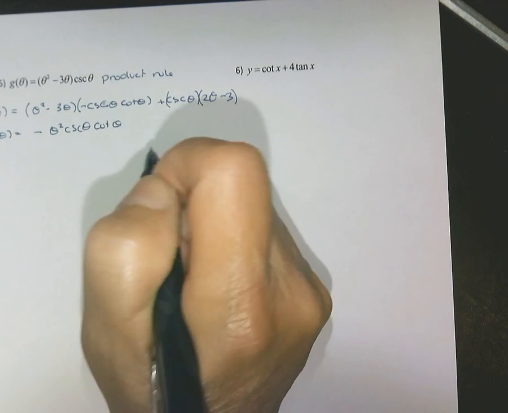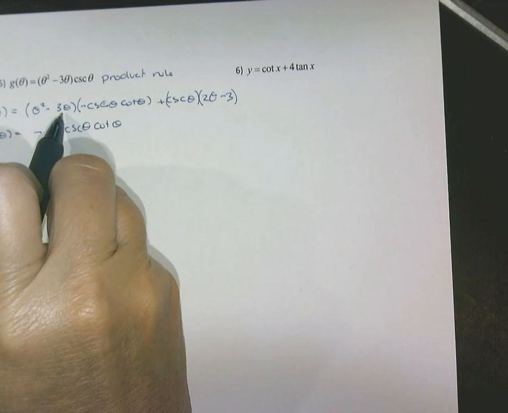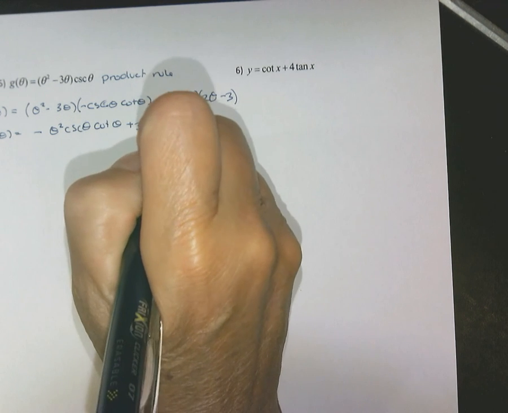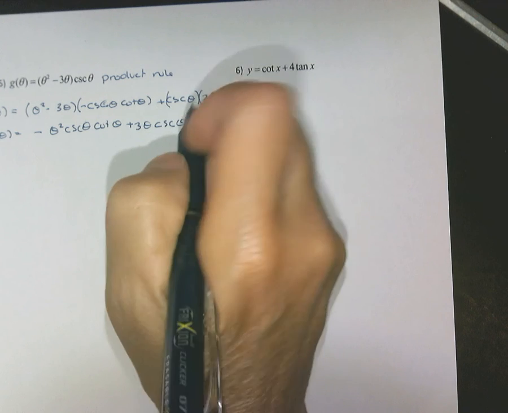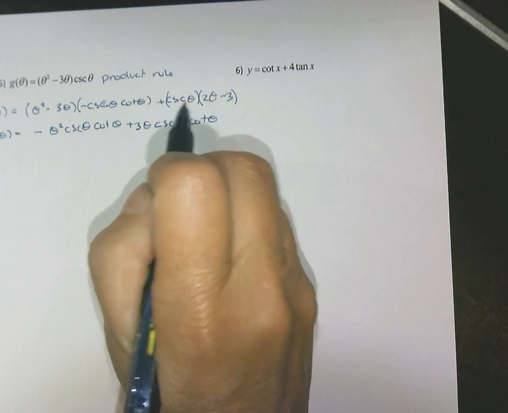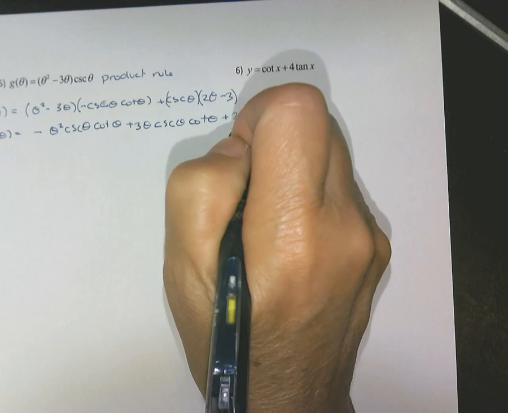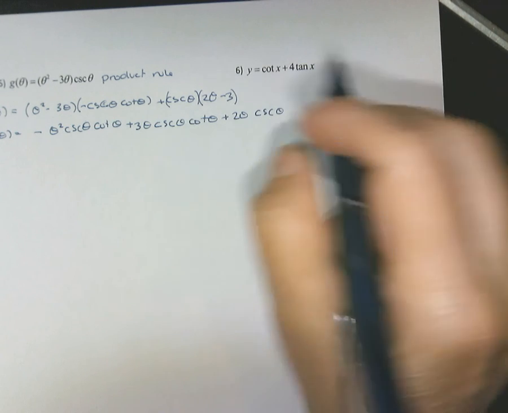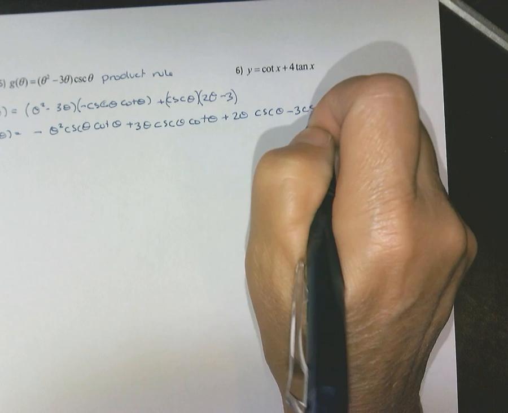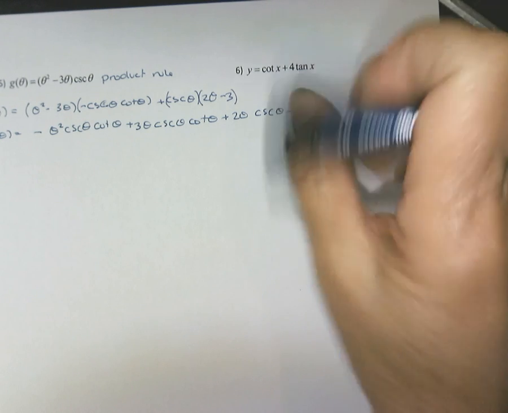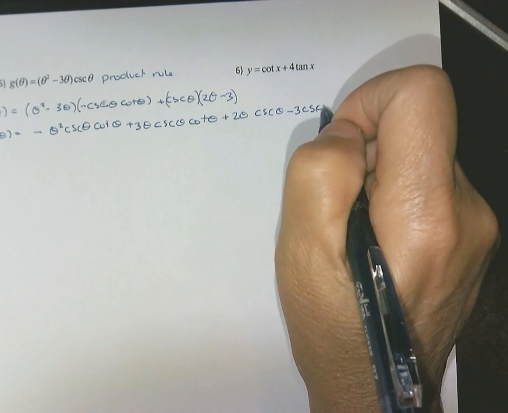The negative 3 theta multiplied by all this is going to be positive 3 theta cosecant theta cotangent theta. Cosecant theta times 2 theta would be plus 2 theta cosecant theta. Negative 3 times cosecant theta would be negative 3 cosecant theta. I do that often. I forget about the c with cosecant.